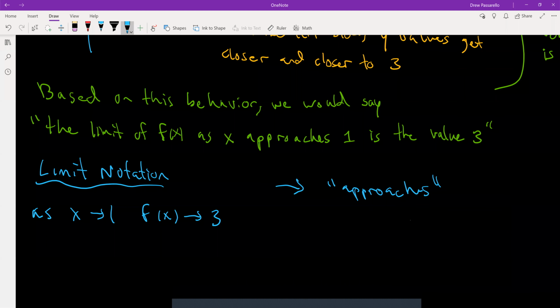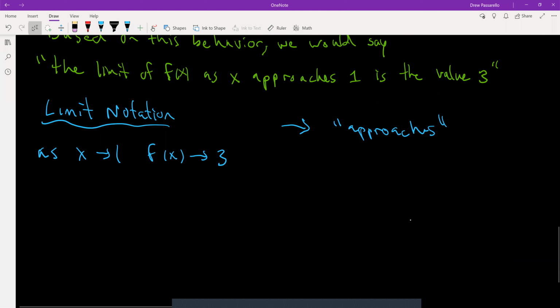And the other way, for the notation, they might have LIM for limit, and underneath that in small text, they'll have x with that same arrow going to 1, and they'll say f of x, but then that will be equal to 3. So the equal sign just means what the limit is. And so the limit is 3. As x gets closer to 1, the graph gets closer to 3.